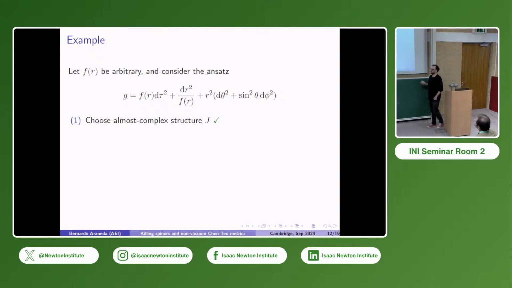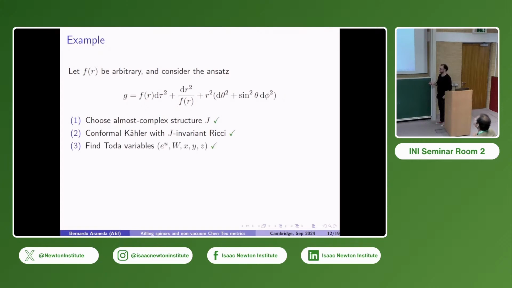There is no algorithmic way of doing this, of course, but somehow you can try to guess. Then you have to check that the geometry is conformally Kähler and has a J-invariant Ricci tensor with respect to the complex structure you have chosen. If this is true, then you know that you are in business in the sense that you know that it must have an SU(infinity) formulation. So you need to find the Toda variable. I'm not giving you the recipe for doing this here, but there is a well-defined procedure to find this.